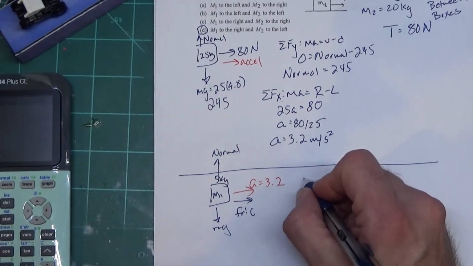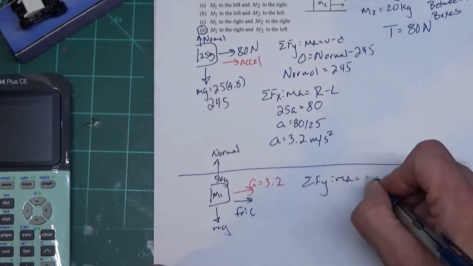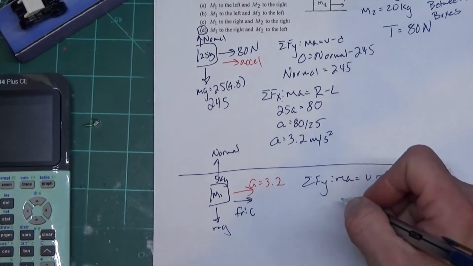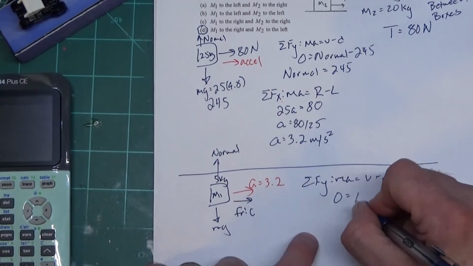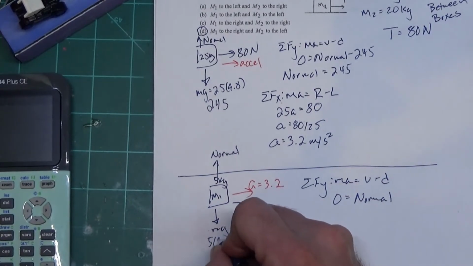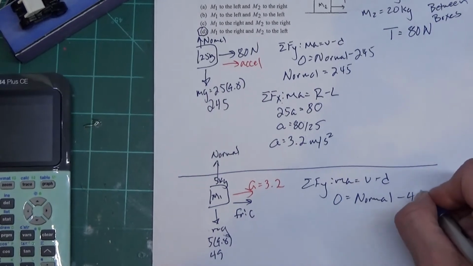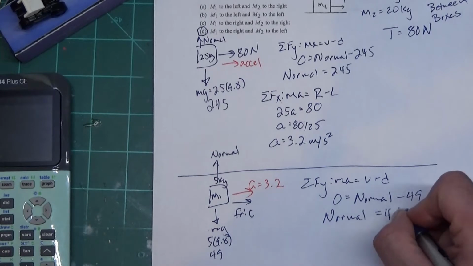So now we're going to do some of the forces in the Y. It's MA equals up minus down. This is not accelerating up and down, so it'll be 0 equals going up, I have my normal force, minus mg, that's 5 times 9.8, and that comes out to be 49. So minus 49, and I get my normal force equals 49.